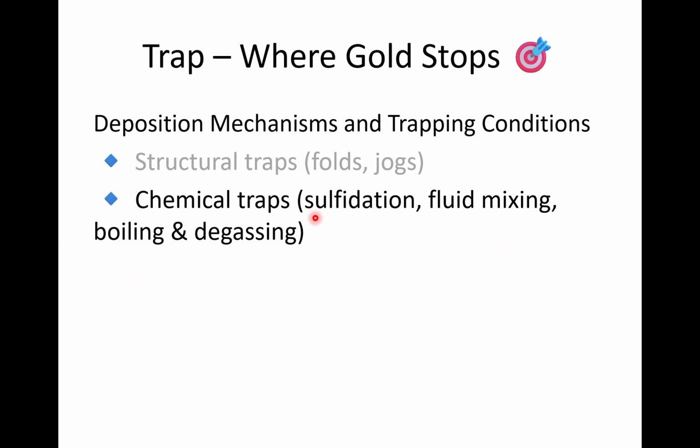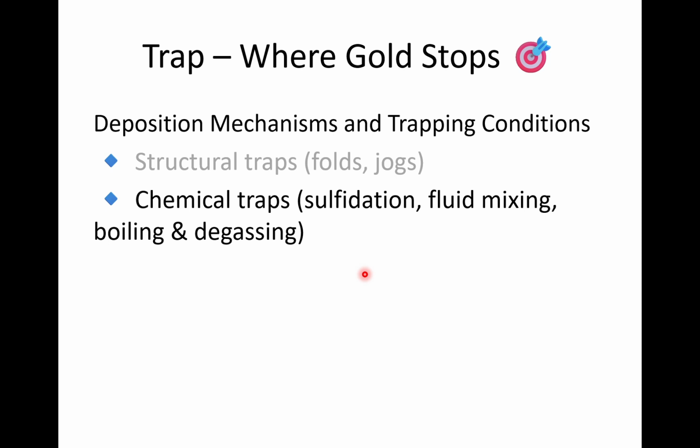The next one is boiling and degassing. In shallow environments, epithermal deposits for example, at depths of less than 1 to 2 kilometers, boiling of the hydrothermal fluids is a potent trap.